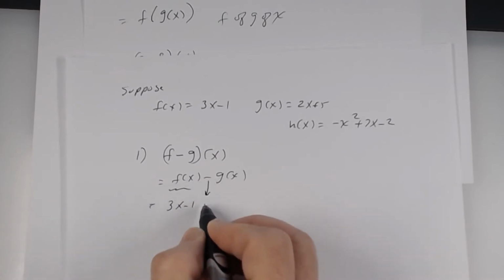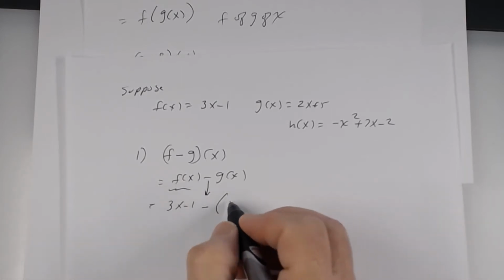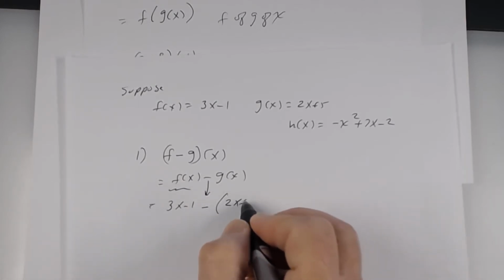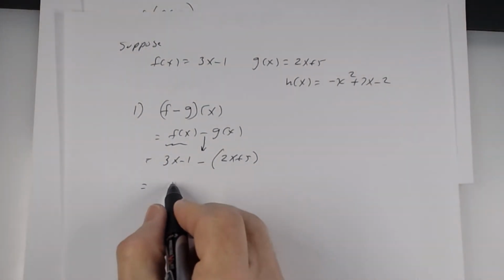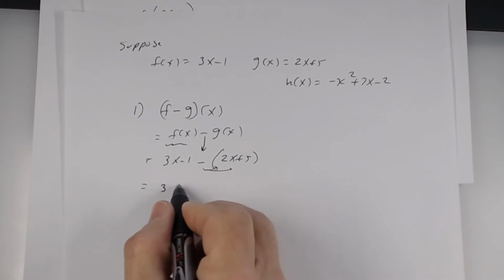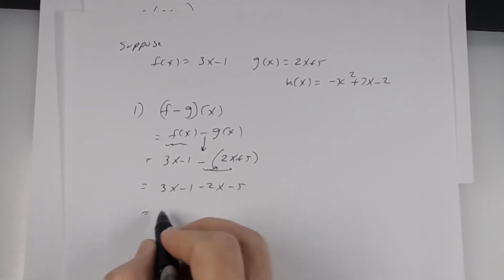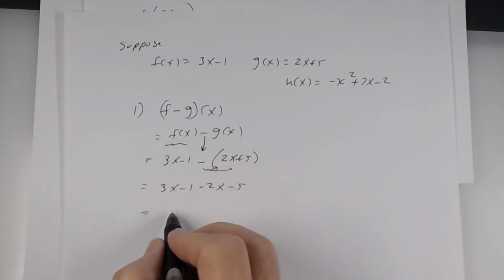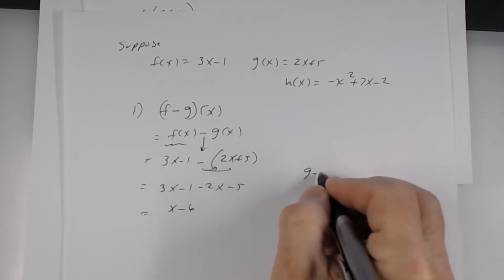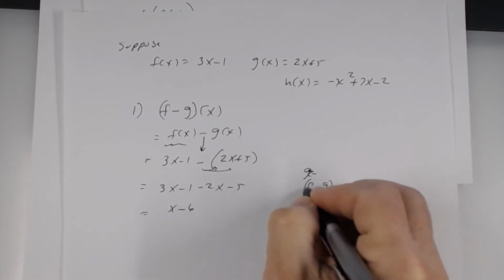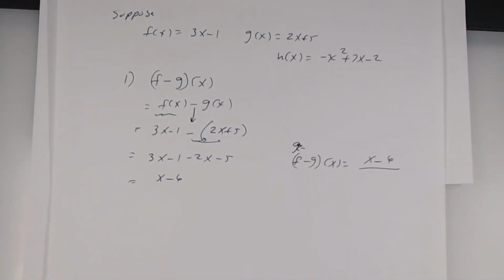Now you're subtracting. If I'm subtracting, what else should I do? Put in parentheses. What goes inside the parentheses? 2x plus 5. All right, now what's the next step? Get rid of the parentheses. So I get 3x minus 1 minus 2x and then minus 5. So what is the answer? X minus 6? So in the blank you would say f minus g at x is x minus 6. Okay?